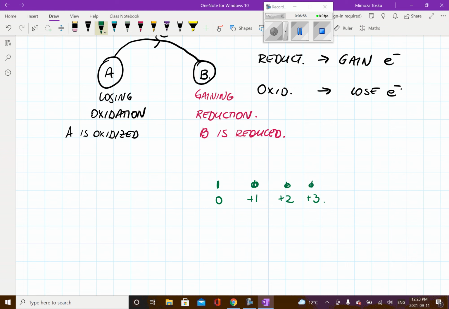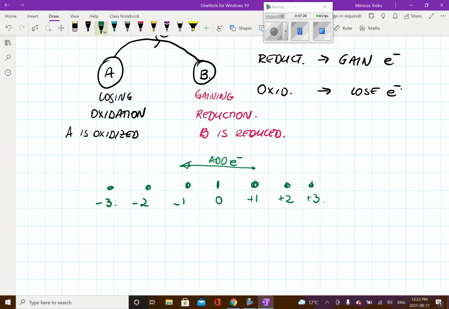And then on the other side, you have -1, -2, and -3. When you add electrons into a charge, your charge is becoming more negative.